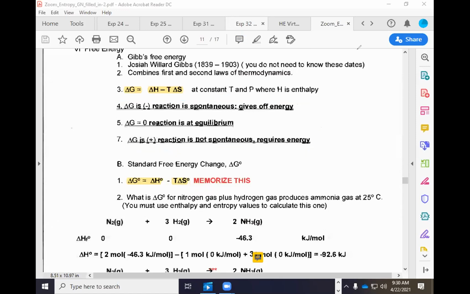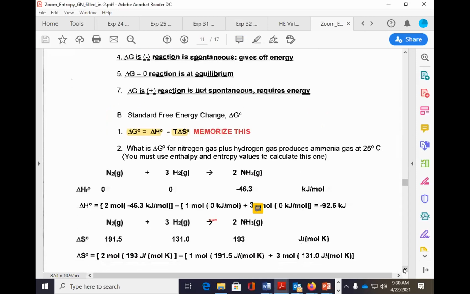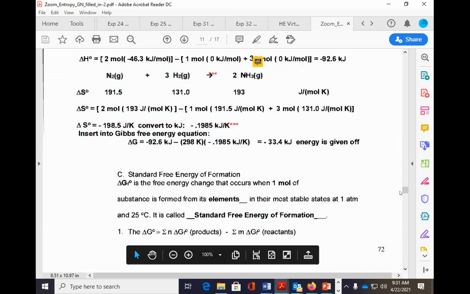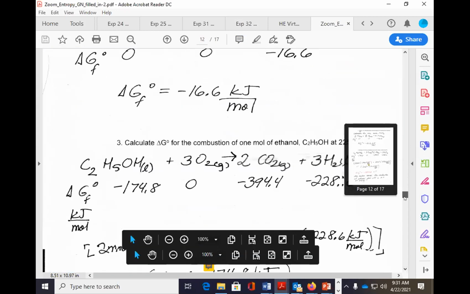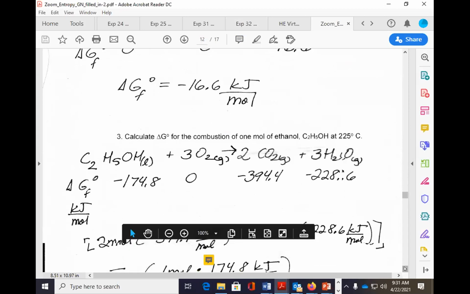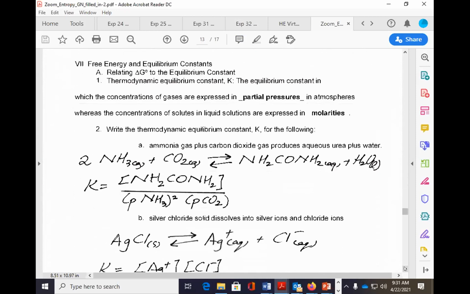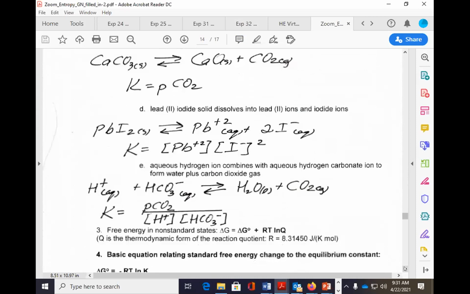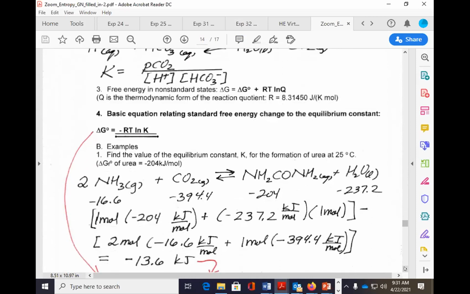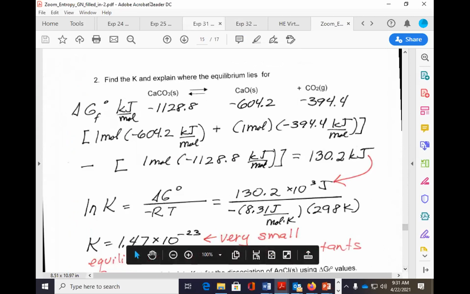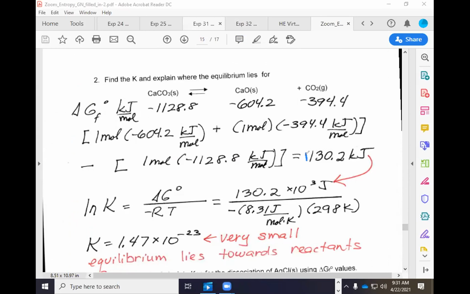So memorize these 3. And then let's go back to our example. And where was our example? Okay, so we did that one. It was right here. Okay, so now we go back and we look at our delta G and we know it's positive.